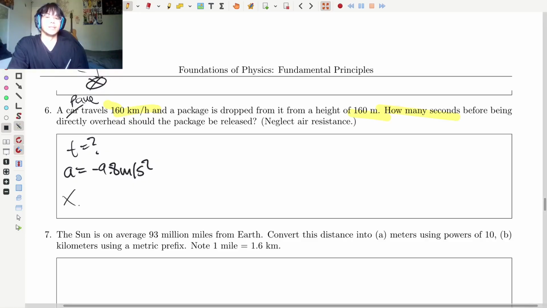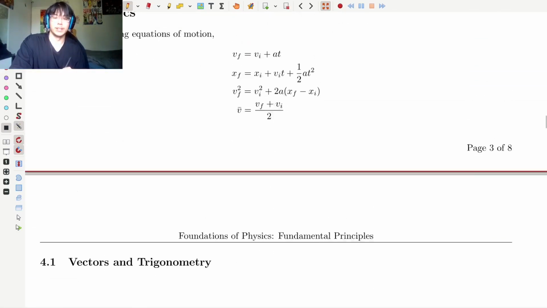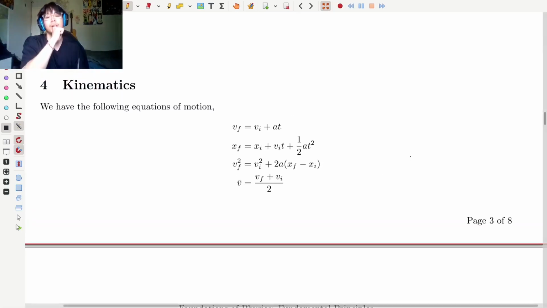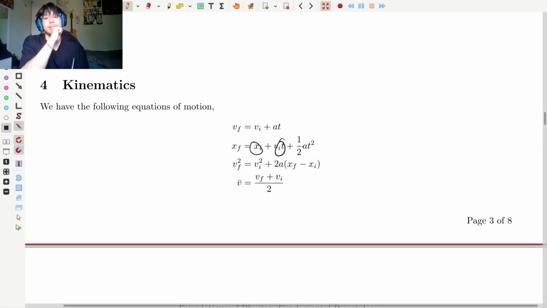For this displacement, we say x. We say the displacement of 160 meters. So we need an equation that relates t, a, and x. So let's go up to our kinematics equation and see which one would work. So this has a time, a displacement, an acceleration, and I think that this will work. So let's just write this down.